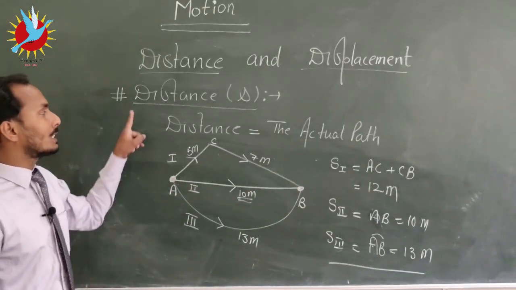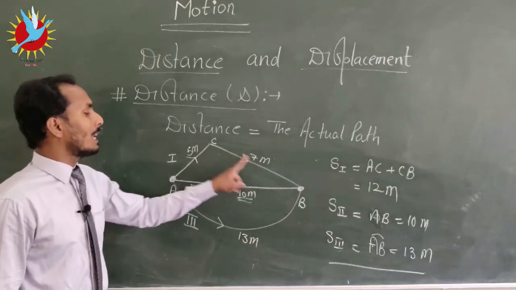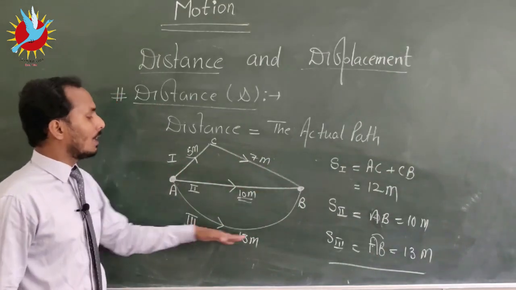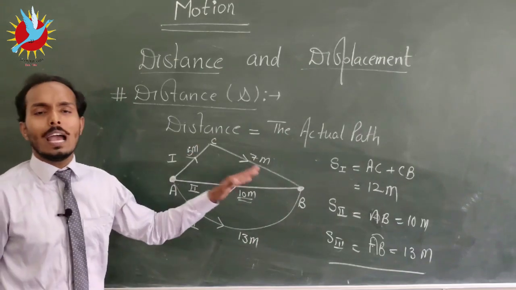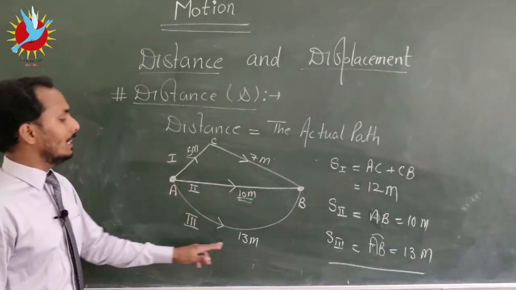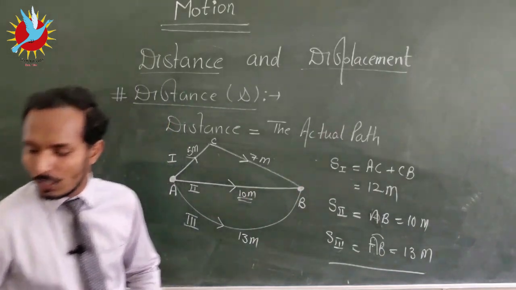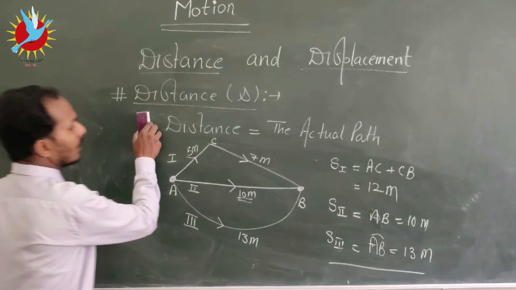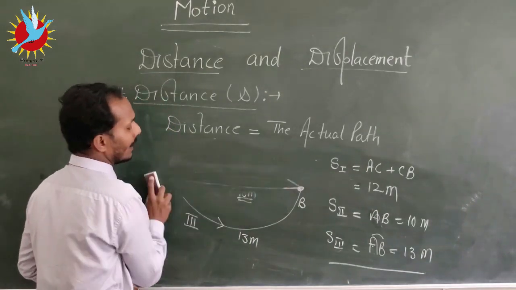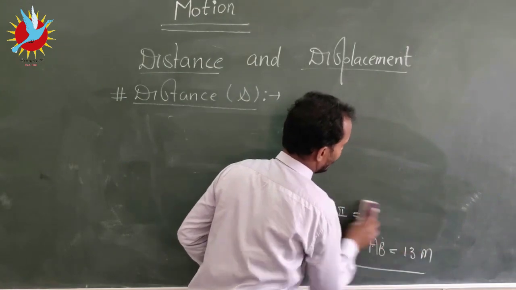What is the meaning of distance? The actual path, whether it is straight, curved, or zigzag, anything, but the actual path covered by the person is known as distance. Take some other example.